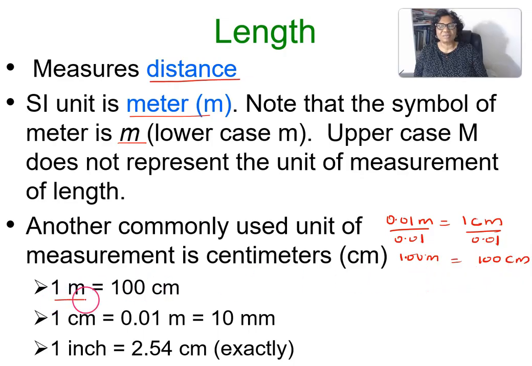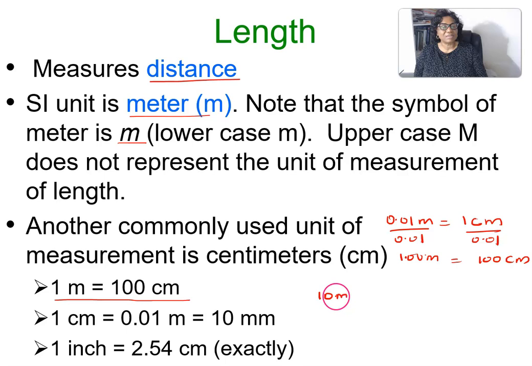So that is how this is obtained. 1 meter equals 100 centimeters. You do this arithmetic. And you see, it is also equal to 1,000 millimeters.